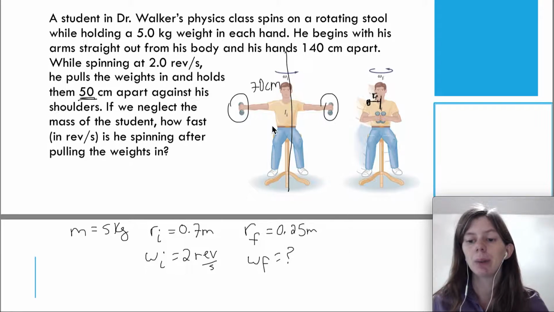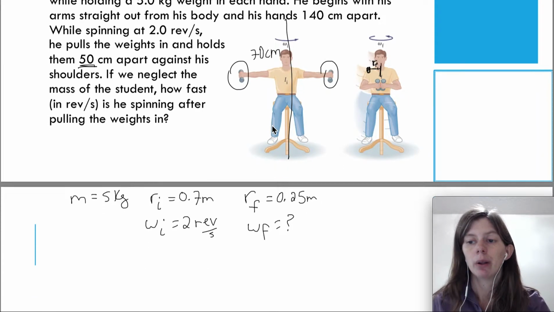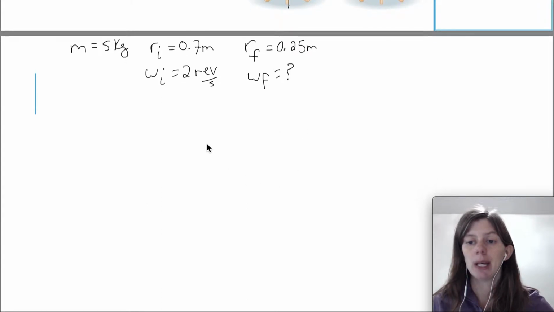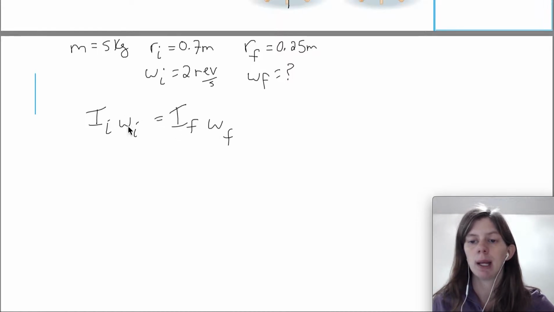So usually we have to convert that angular speed to radians per second. But in this case, because it asks for the final angular speed also in revolutions per second, we see that in our equation for conservation of angular momentum, I initial omega initial equals I final omega final, that nothing is squared or anything.